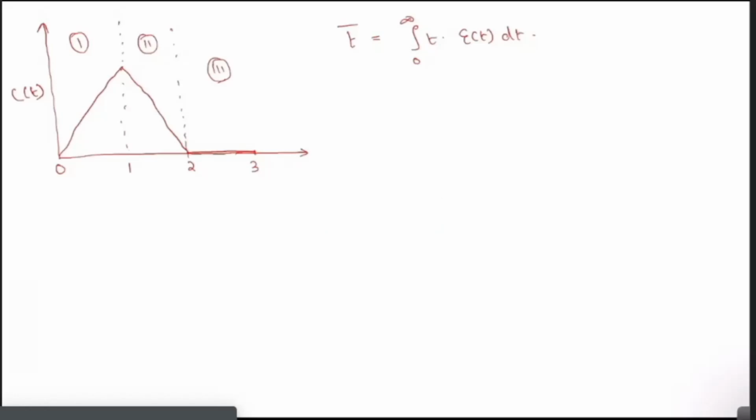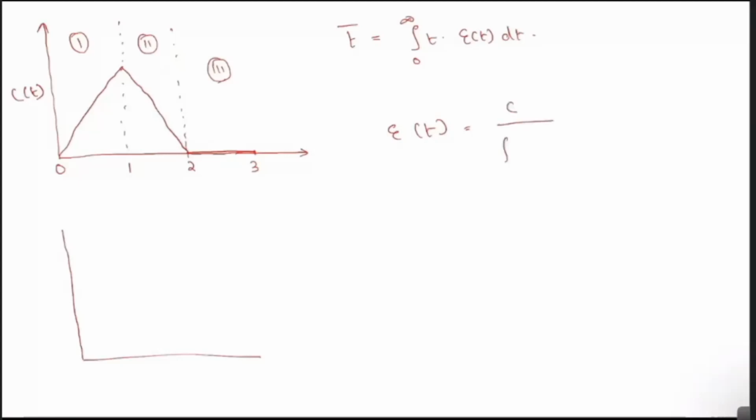Okay, sorry about that. So now we have the C versus T curve. What we need to know is that E of T will be C by integral 0 to infinity C of T dt.